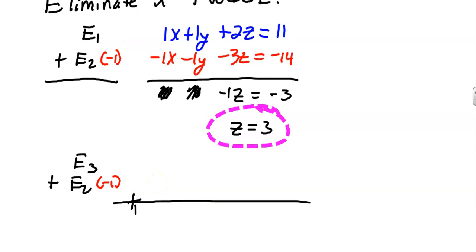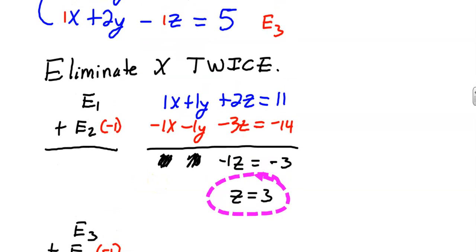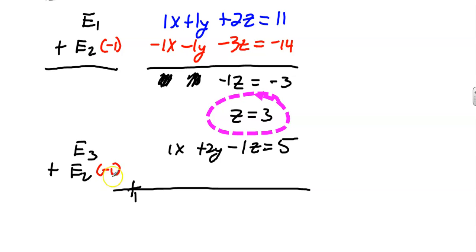Okay, so equation 3 was 1x plus 2y minus 1z equals 5. And equation 2 times -1 was what we had in red, so we'll do it right again. -1x minus 1y minus 3z equals -14.